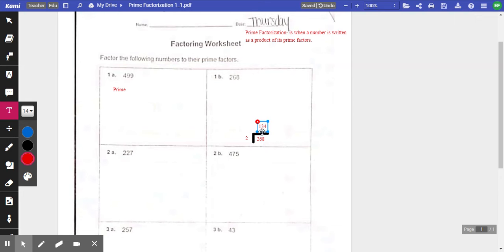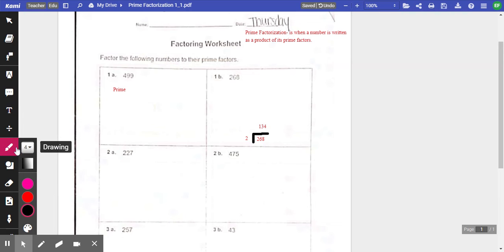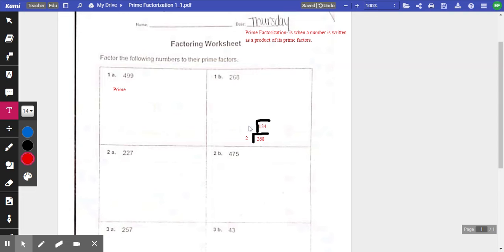And we're going to check, is 134 prime? No, it is not. So we're able to divide again. So we're going to draw another division bracket. 134 is even. Since it is even, we can still divide by 2. So I'm going to put a 2 outside as my divisor.